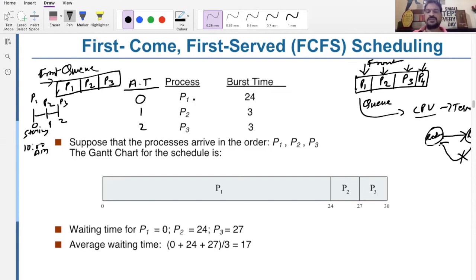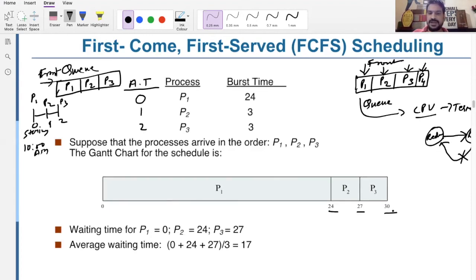So P1 will be executed first. It will take 24 units of time. Then P2 will come after that and take 3 more units of time, so it will be 27 in total. Then P3 will come and again take 3 units of time, so it will be 30.